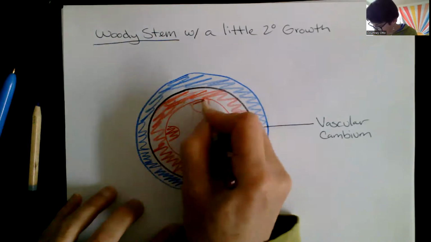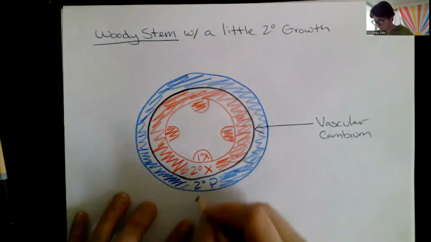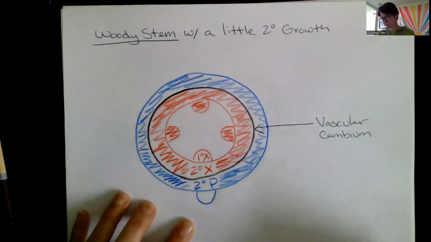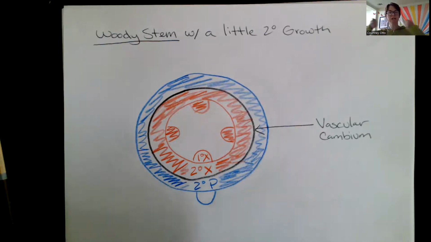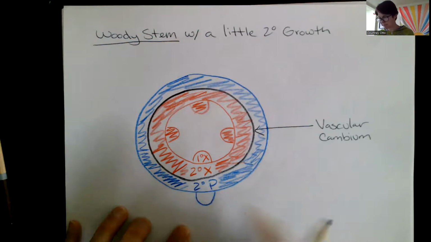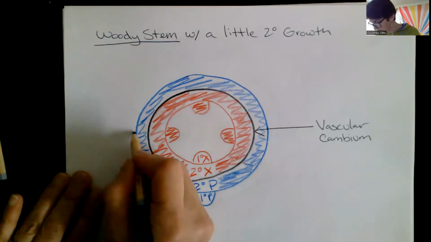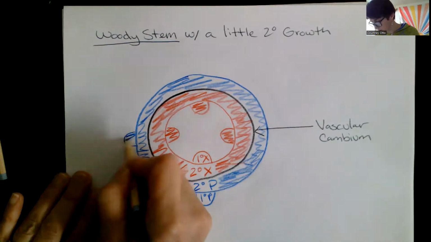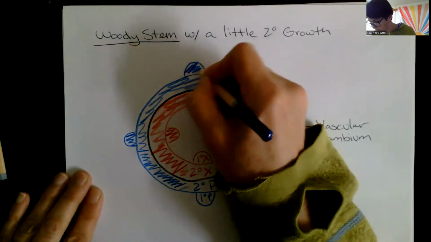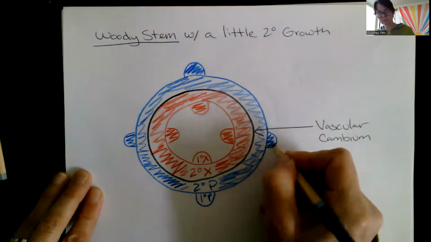If these are just those little clumps of primary xylem, our primary phloem is going to be just opposite of those. Because remember, they were next to each other. They've just gotten separated because that vascular cambium has added secondary xylem and secondary phloem. That primary phloem is literally just getting pushed towards the outside by the addition of those secondary vascular tissues.